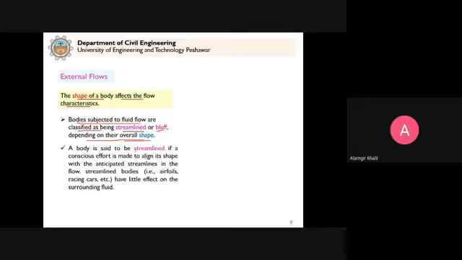A body is said to be streamlined if a conscious effort is made to align its shape with the anticipated streamlines in the flow. Streamlined bodies, for example, airfoils, racing cars, etc., have little effect on the surrounding fluid.